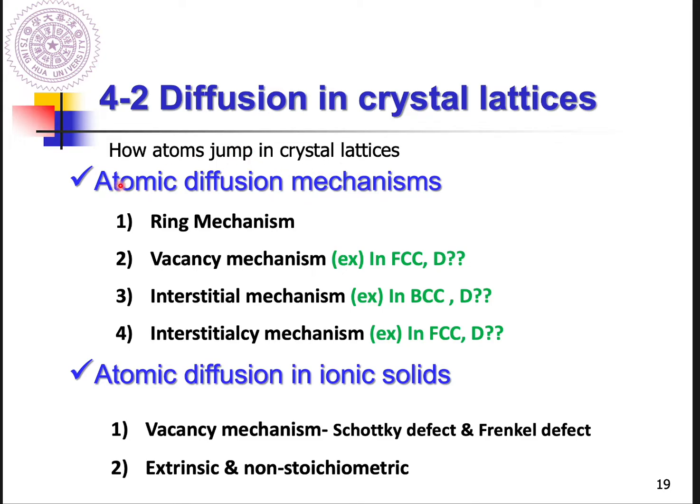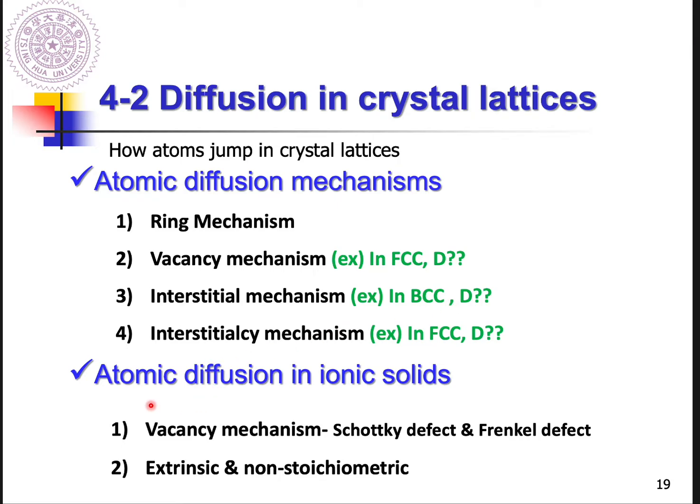The first part will talk about four different diffusion mechanisms, including the ring mechanism, vacancy-mediated diffusion mechanism, interstitial mechanism, and interstitialcy mechanism. We will also give you some real examples and tell you how to estimate the diffusivity in vacancy-mediated FCC structures, or how to estimate the diffusivity in the interstitial diffusing mechanism in BCC structures.